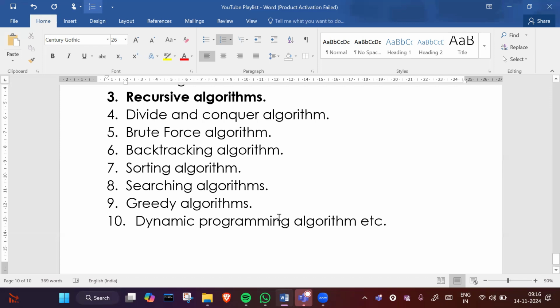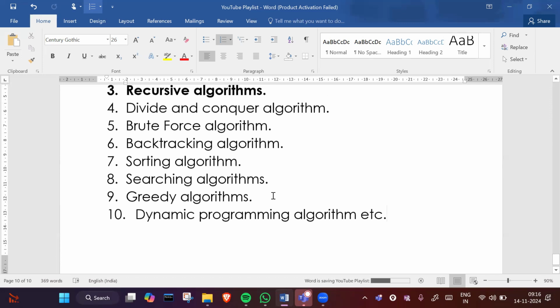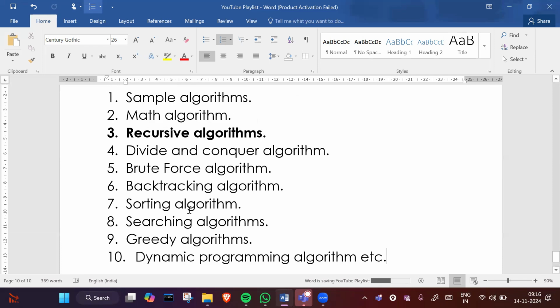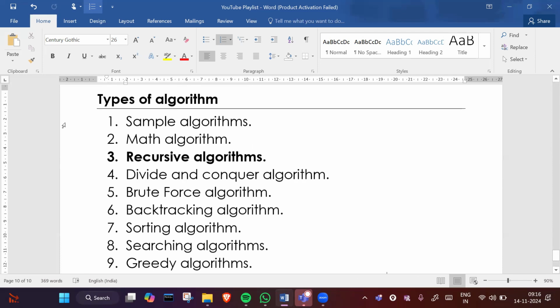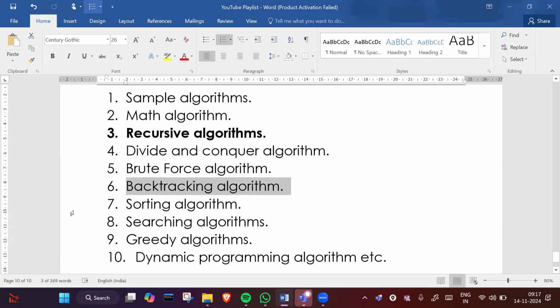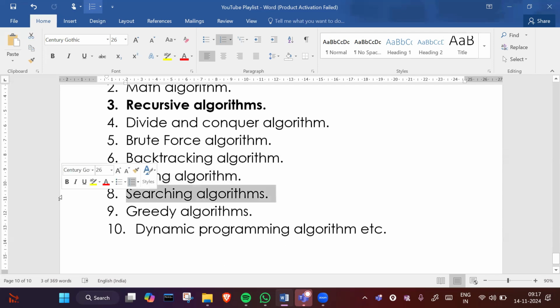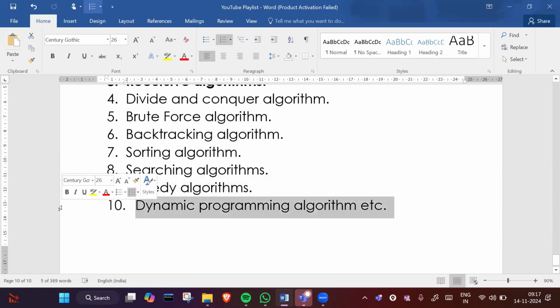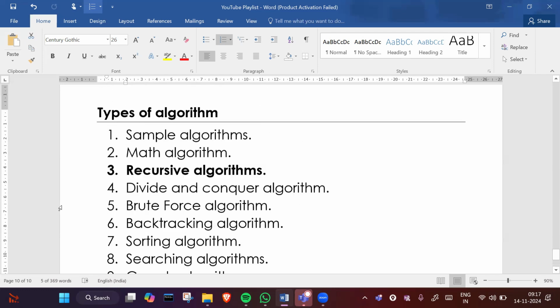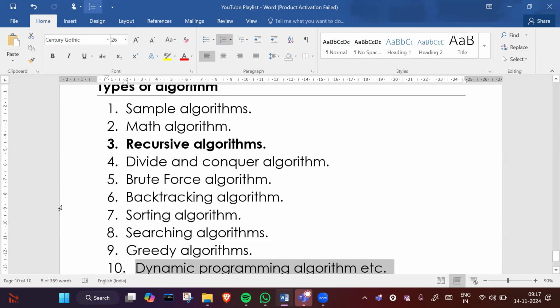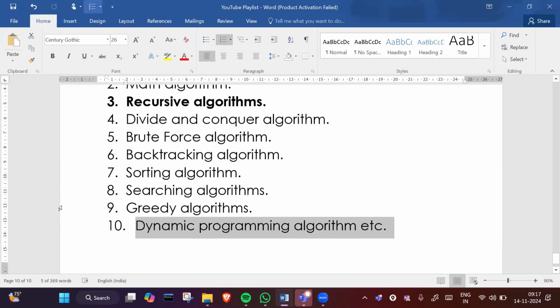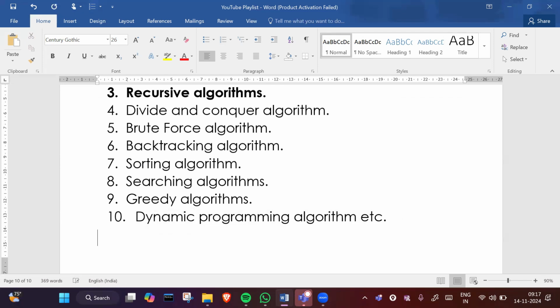So these are the algorithms we have: simple algorithm, math algorithm, recursive algorithm, divide and conquer algorithm, brute force algorithm, backtracking algorithm, sorting algorithm, searching algorithm, greedy algorithm, dynamic programming algorithm. If you know these algorithms, you are done with DSA, meaning you know like 80 to 90% of DSA. So these algorithms are really important as a part of DSA, right?